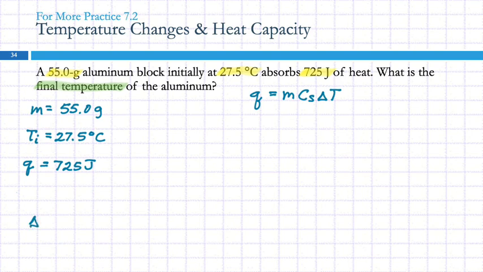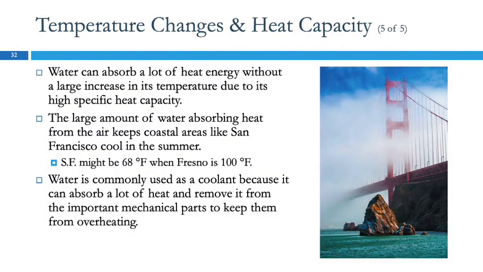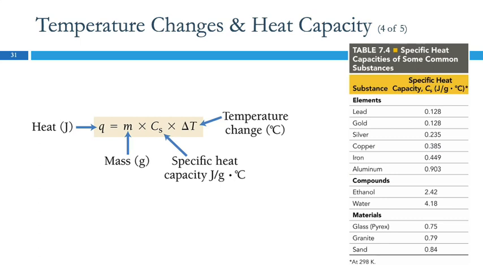The change in temperature is T final minus T initial. So if we add T initial to both sides, we find out that T final is equal to the change in temperature plus the initial temperature. So that's what we're going to look for. But first we need to find the specific heat capacity for aluminum. It's 0.903.